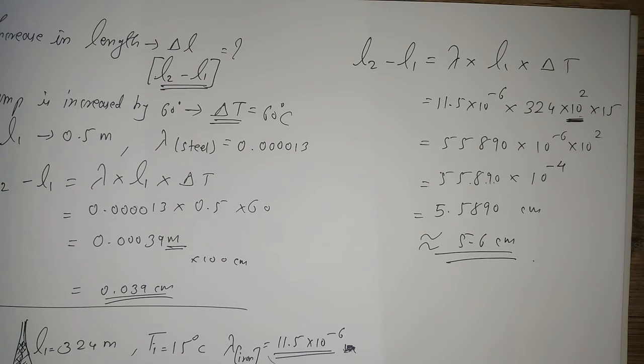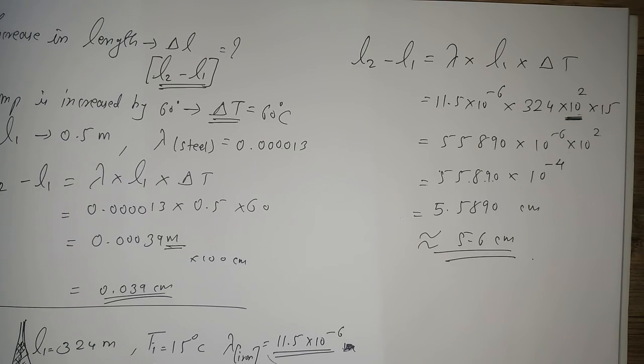So change in length of the Eiffel Tower, if we change the temperature by 15 degree Celsius, अगर 15 डिग्री सेल्सियस बढ़ाया तो आईफल टावर का लेंथ 5.6 सेंटीमीटर से बढ़ जाएगा. Awesome, isn't it?